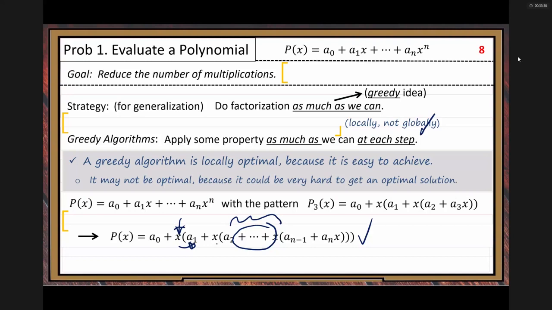The second multiplication, can we associate with a sub 2, and so on. So each multiplication, we associate with an adjacent coefficient, its subscript. This one is associated with n minus 1. The last multiplication right here is associated with the subscript of the last coefficient. How about that? Is it a one-to-one correspondence?